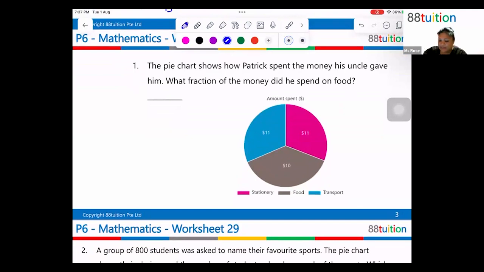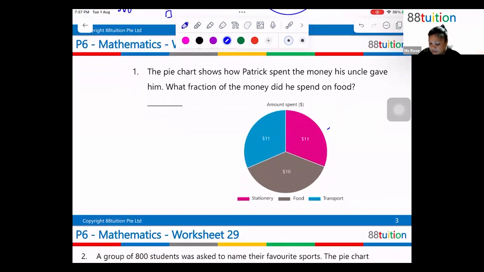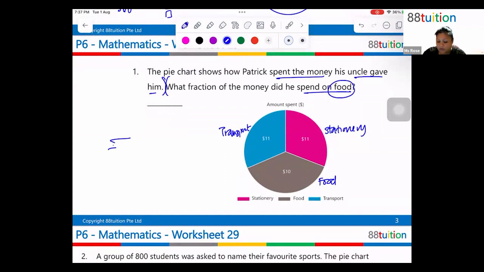Now let's take a look at this. So they tell me stationery. So this is stationery, food, and transport. Okay, so the pie chart shows how Patrick spent the money his uncle gave him. So question, what fraction of money did he spend on food? So one whole will give you the total amount. And how much did he spend on food? So the fraction will be this. So what do I have?